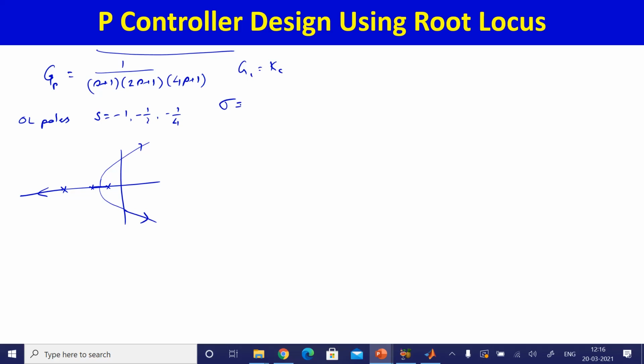Sigma in this case is going to be minus 1, minus half, minus 1 by 4. So 1 3 by 4 divided by 3. That's going to be 4 1s are 4 plus 3 is 7.